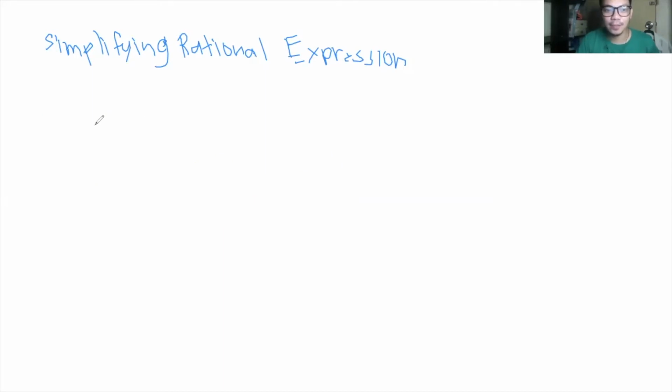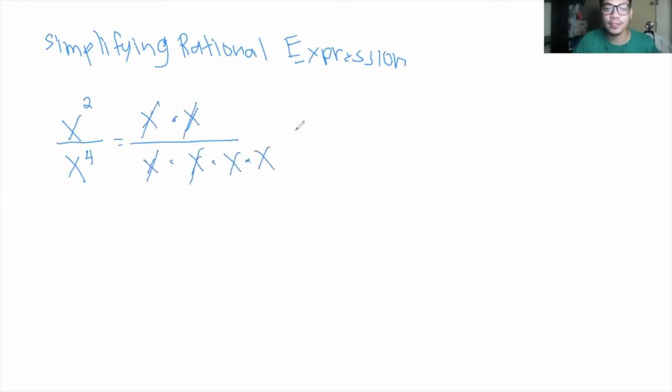Let's have some examples. Let's start with a review of laws of exponents. If we have x squared over x raised to 4, if we write the factors of each, that's x times x over x times x times x times x. Then we cancel common factors.